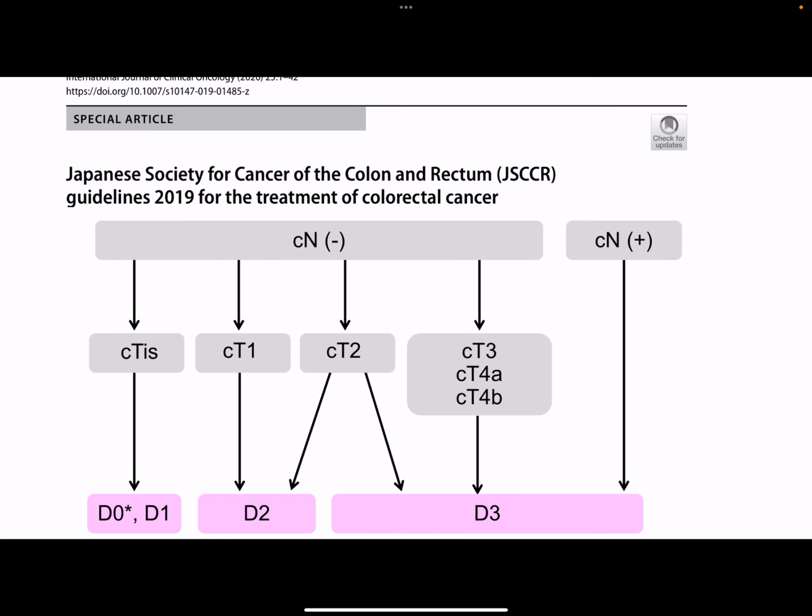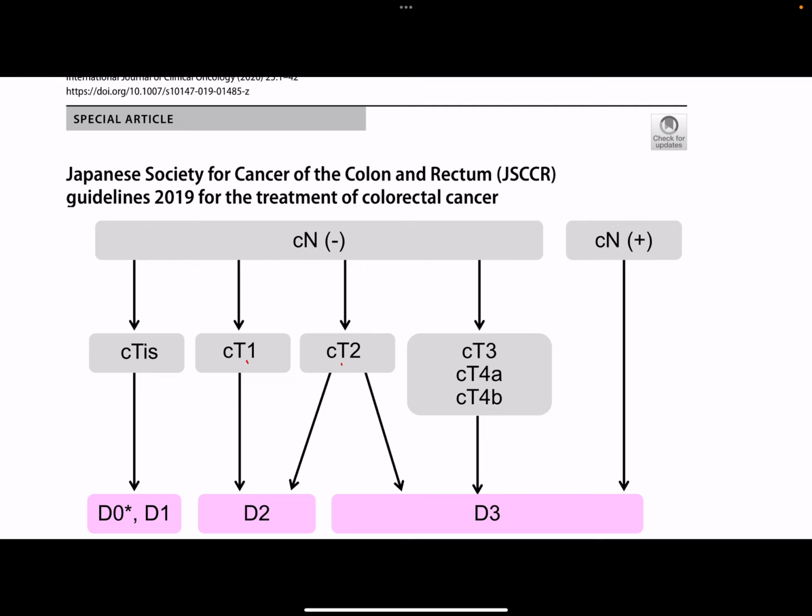According to the Japanese society, if it is early stage disease like carcinoma in situ, T1 or T2 disease, and the nodes are not positive, then there may not be any benefit of performing the D3 dissection because there are several morbidities. You can even cause mortality because of the extra radical surgery without any additional benefit.